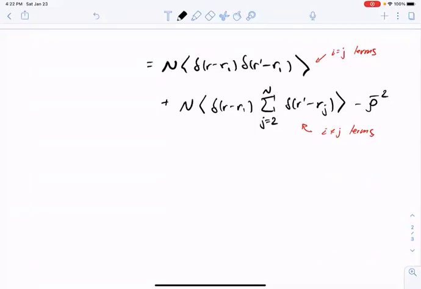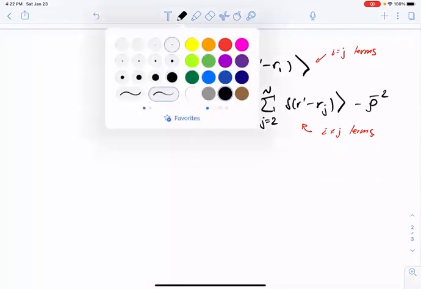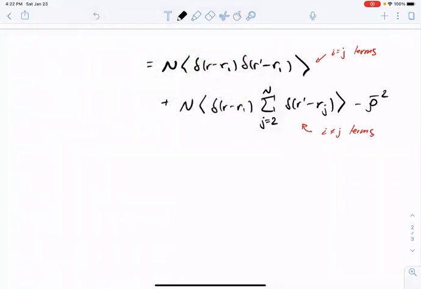Now this first term on the right-hand side is identically 0 unless r is equal to r1 and r is equal to r prime, and thereby r prime is equal to r1. So I can write that as integrating over one of those r's.